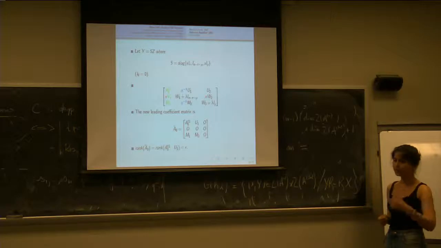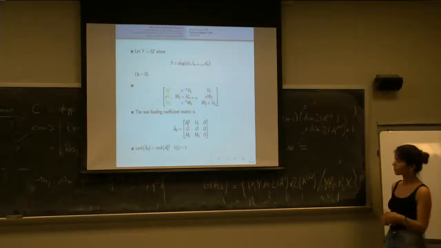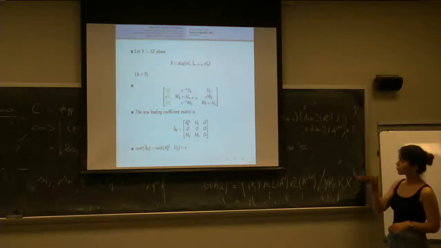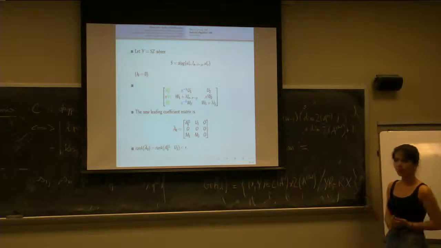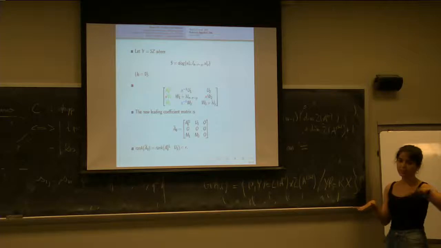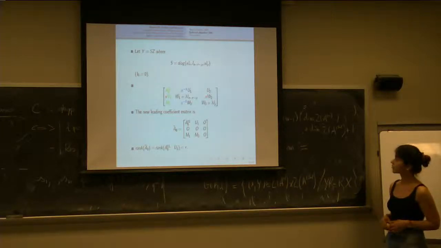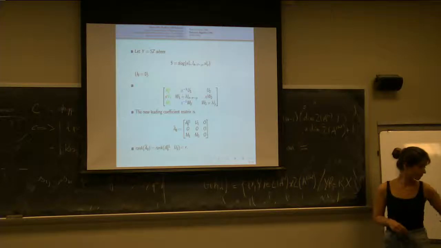So again, we repeat this procedure. As long as the theta polynomial is equal to 0, we repeat this procedure to reduce the rank of A0. And as soon as the rank drops to 0, this means that the Poincaré rank has dropped, and we start all over again.